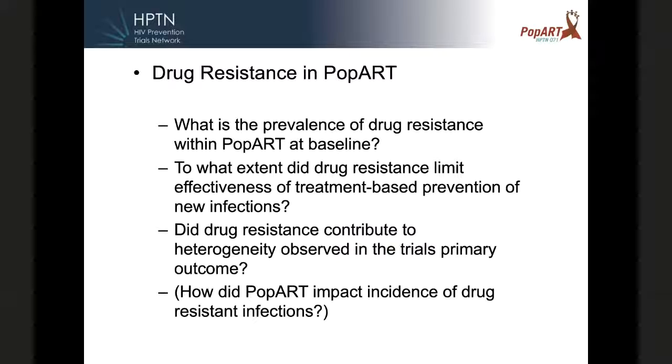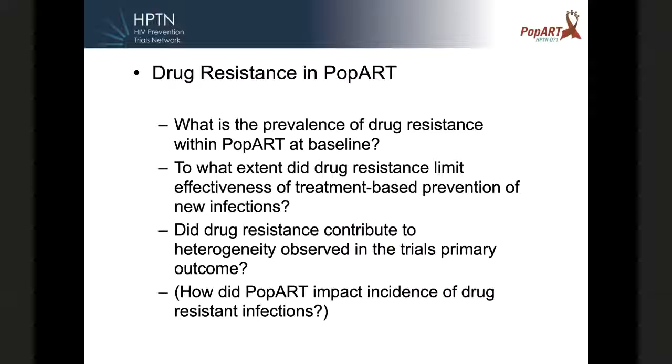And we have, of course, not only the sequencing, but the tools in the modelling arm of the trial to simulate what would have happened, for instance, if there was no drug resistance in that kind of counterfactual scenario. And then linking that to the communities, is it possible that drug resistance contributed to the heterogeneity that was observed in the trial's outcome?